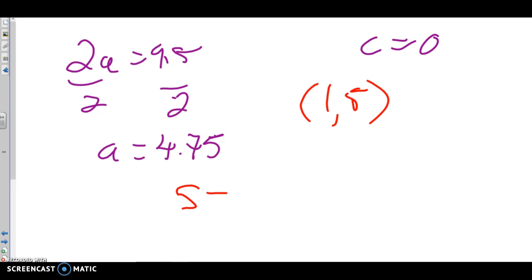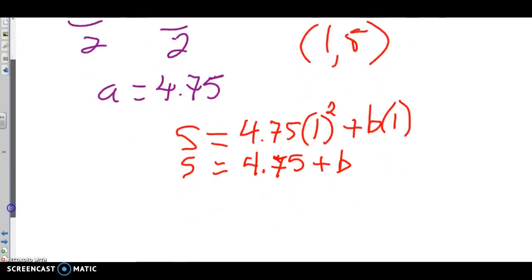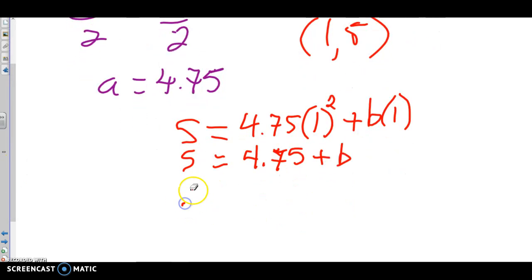So y equals, so y is the 5, ax squared, 4.75, that's my a value, times x squared, plus my b value. And I already know my c value is nothing. So 5 equals 4.75 plus b. Subtract 4.75 from both sides, and I get 0.25.